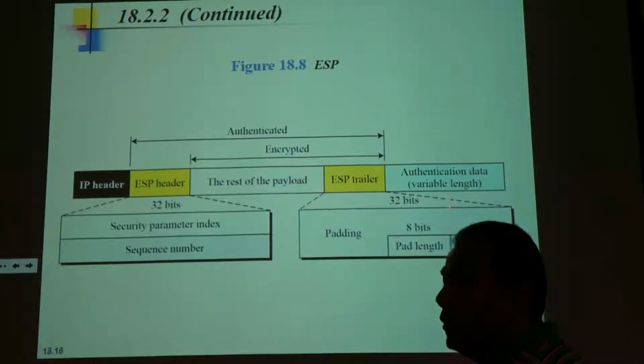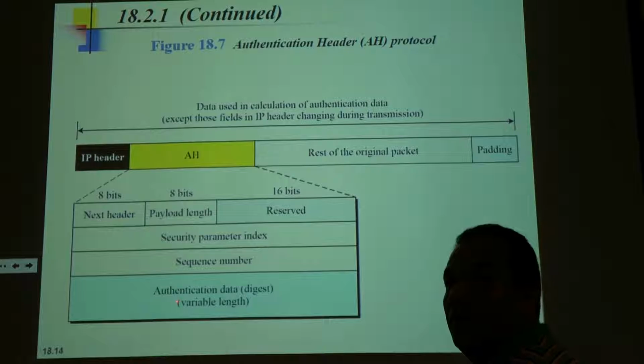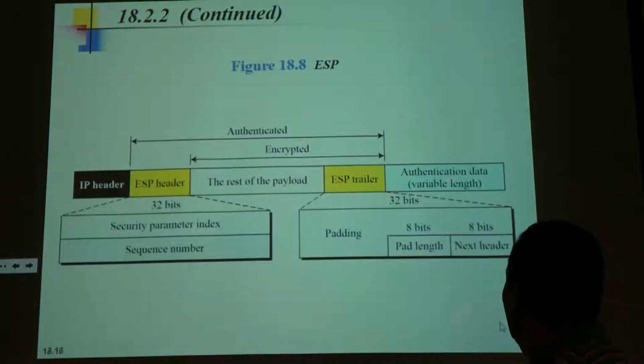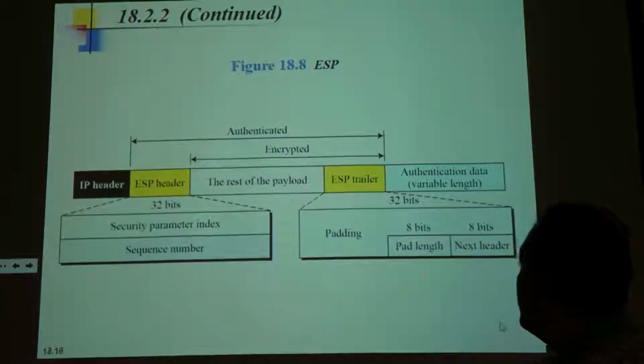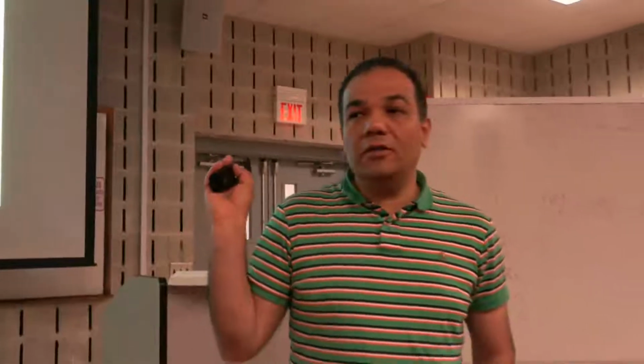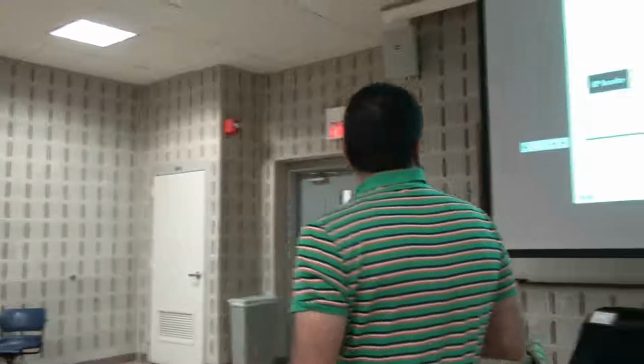Okay? This is the authentication data. In the previous one, where did we add it? Here. Right? So we're going to have encryption. The data from here to here is encrypted. That means it's privacy. So in here what we provided: source authentication, message integrity, and privacy for the data.